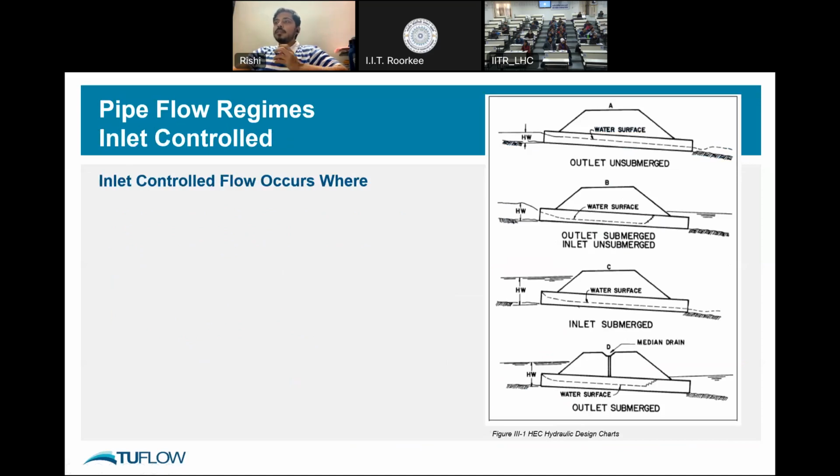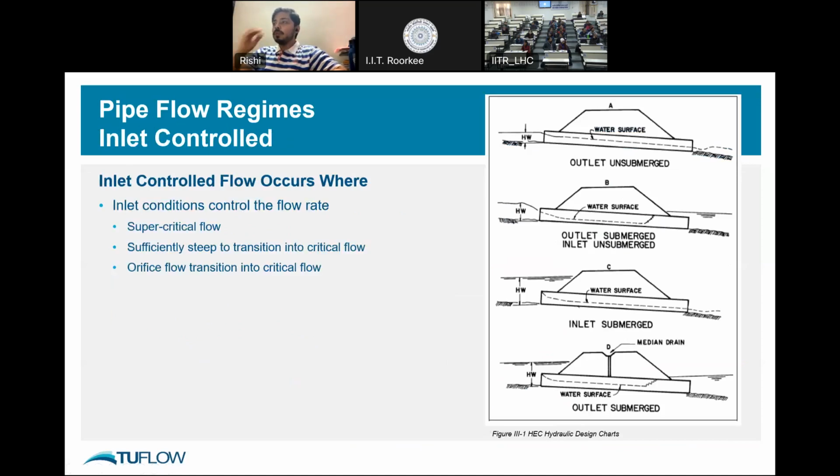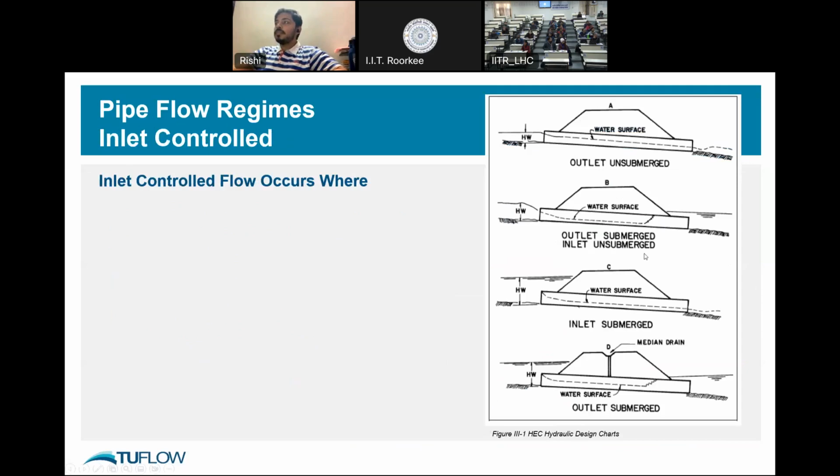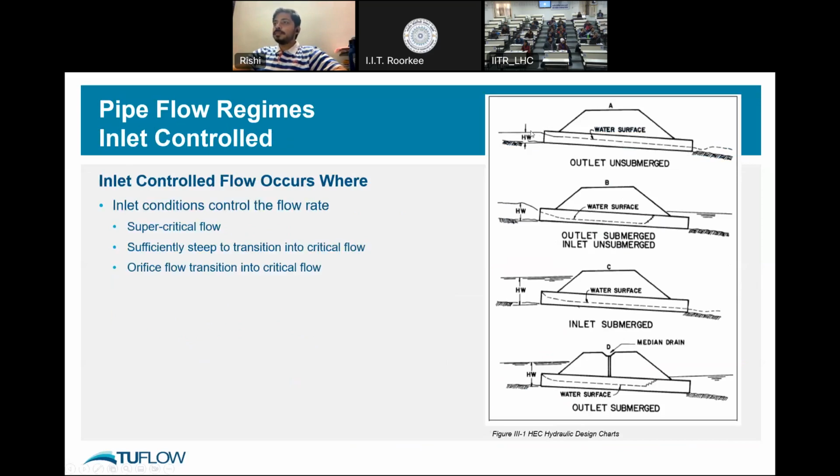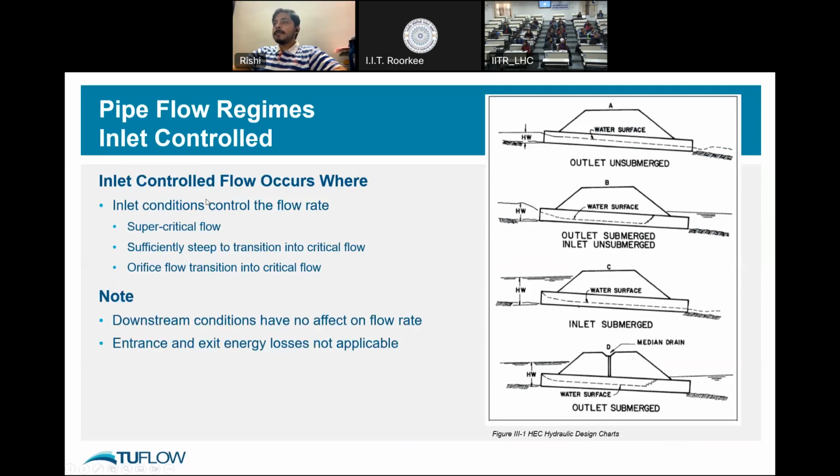Now we'll look at the inlet control flows. This is the most common one, I think, because if the flow is supercritical or if it's a very steep channel, that is when it is under inlet control conditions. If it's supercritical, sufficiently steep, and if it is having an orifice flow, orifice flow will also transfer into having an inlet control flow.